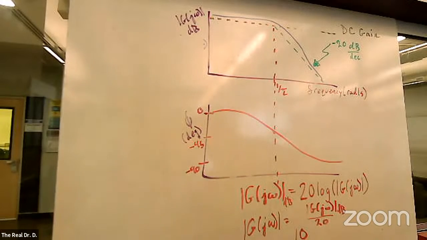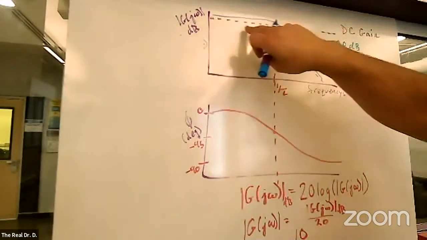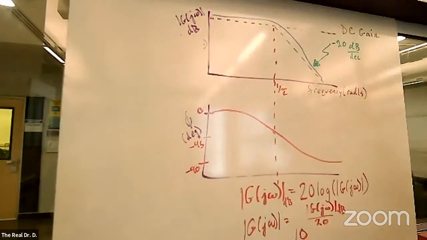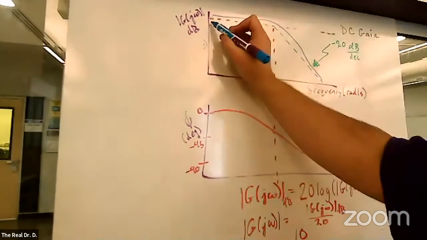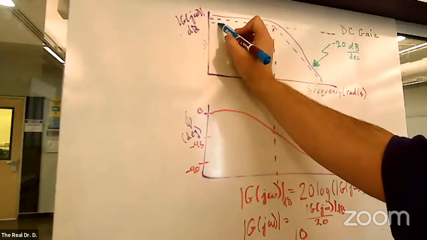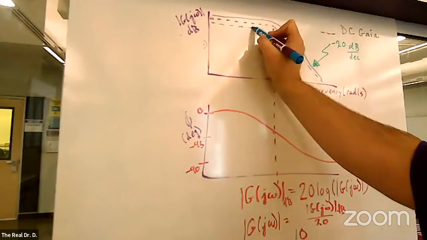All right, so second order system. It turns out we're still going to have a low frequency asymptote at DC gain. This might get messy, but we're going to try it anyway. So instead of using the black line, I'm going to draw a blue line slightly below.